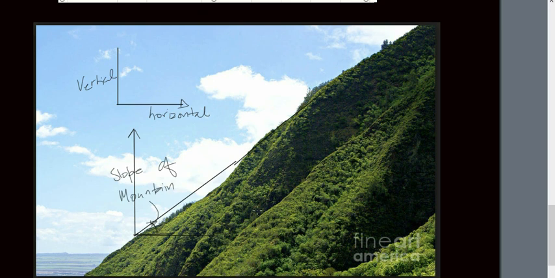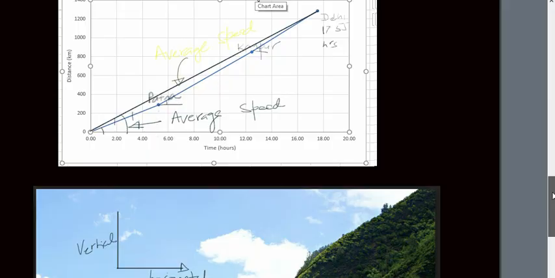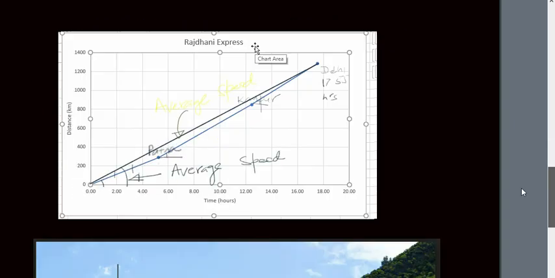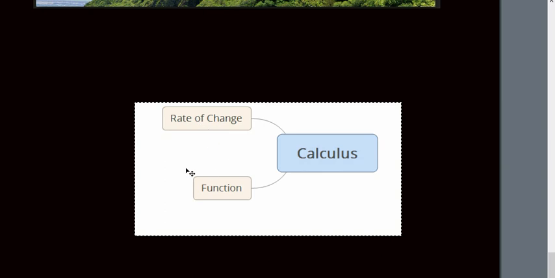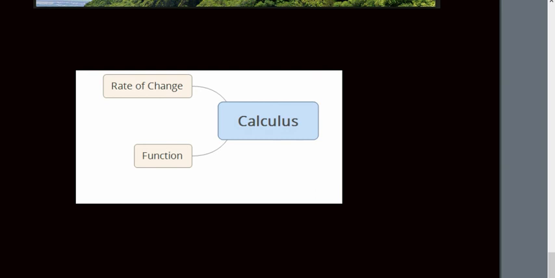So this is all for this tutorial, and in fact, I should add one more thing to the mind map. So here is the mind map. So we have covered function, rate of change, and one more thing, plotting.